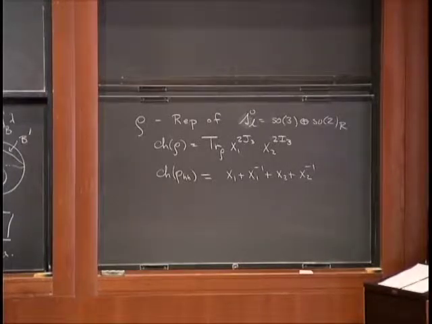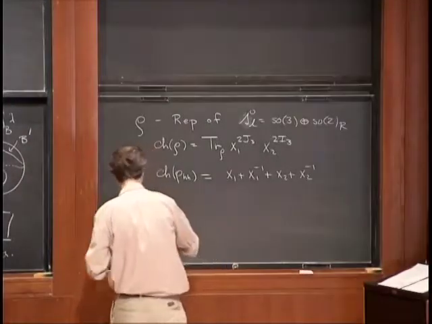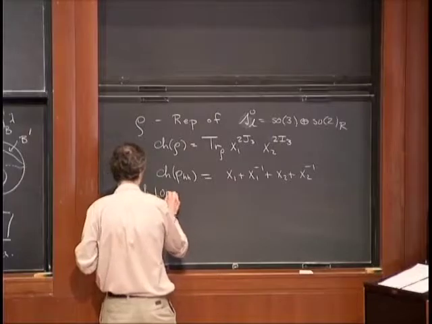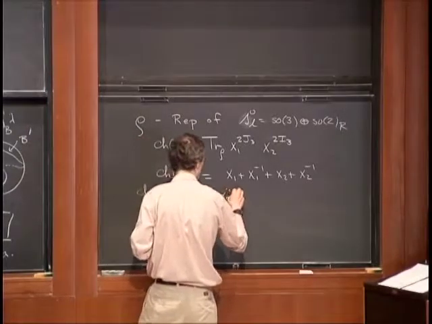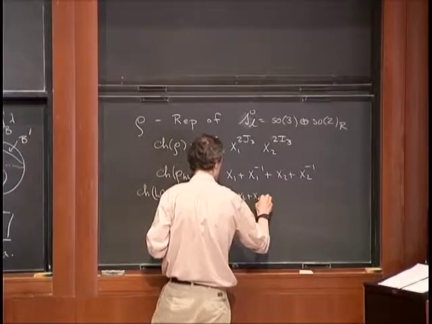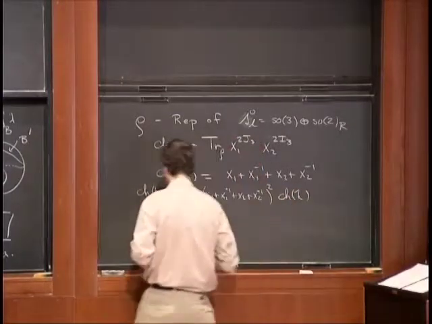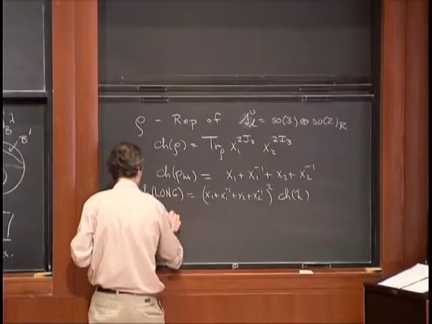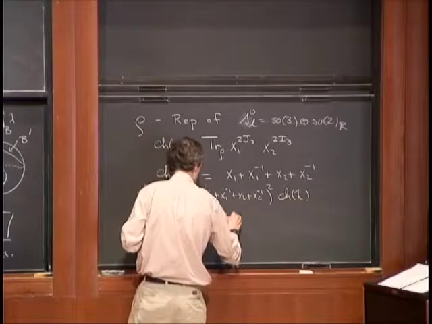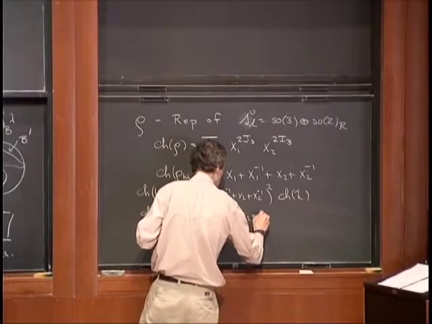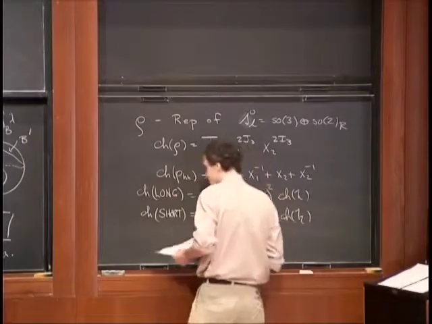OK, now if you also look at my formula for the long representation, we see that the character of a long representation is x1 plus x1 inverse plus x2 plus x2 inverse squared times the character of this h. And the character of a short representation is x1 plus x1 inverse plus x2 plus x2 inverse times the character of that h.